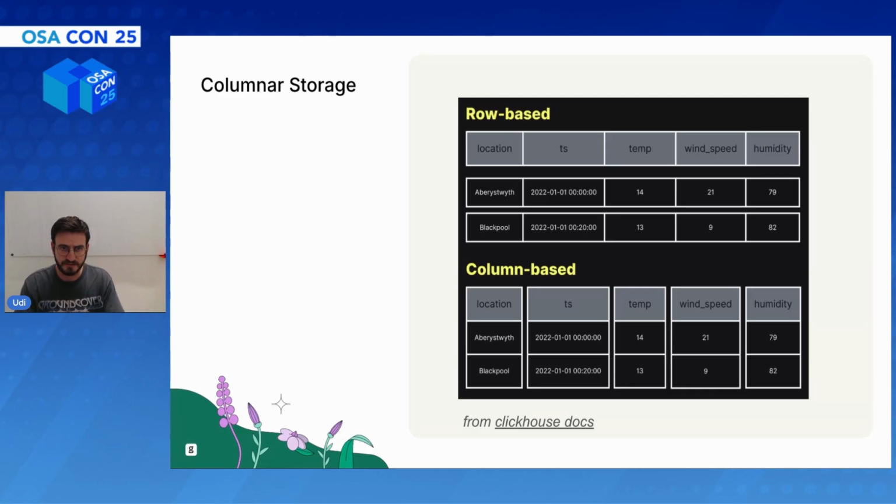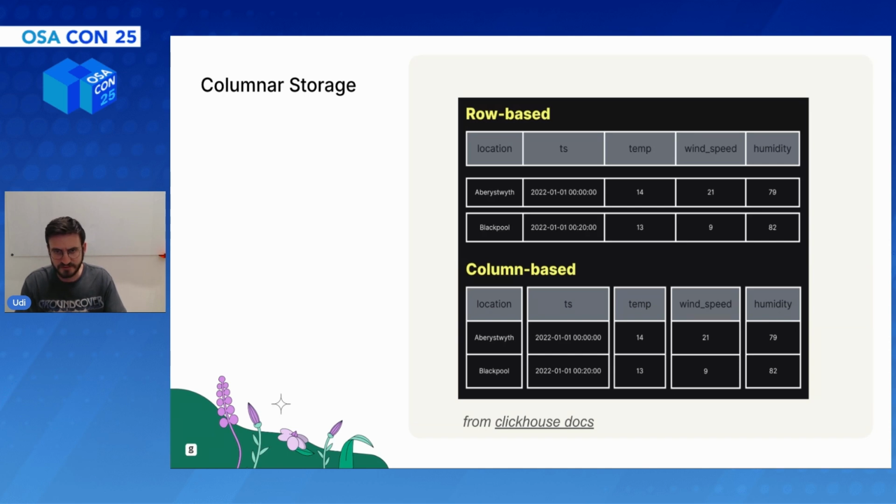In columnar databases, each column is stored separately in its own stream or file. For example, in this photo, we have the temp column. So in columnar databases, it will be stored in its own file, starting with the value 14, then the value 13. The wind speed column will be stored in a different file, starting with 21, then 9.